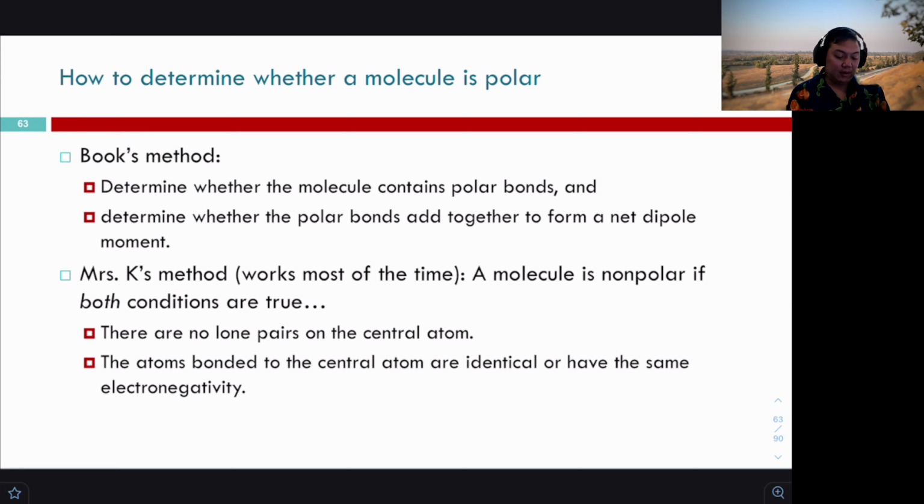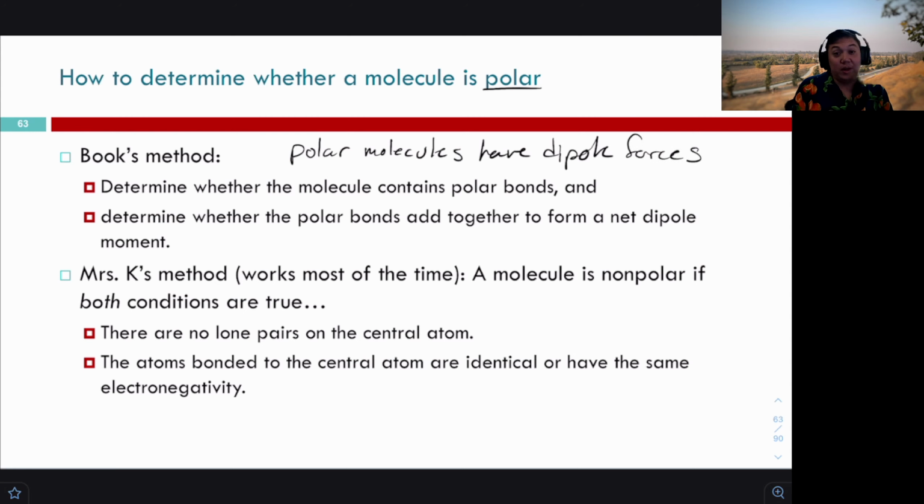So again, polar molecules, let me write this up here also. Polar molecules have dipole forces. Dipole intermolecular forces. There are a couple ways you can determine this.